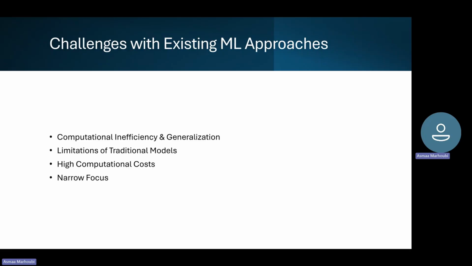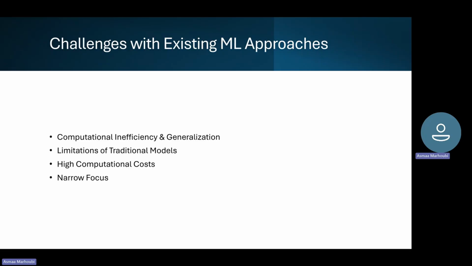Many of the PdM studies mentioned in the research paper exhibit these issues, especially for multi-class fault diagnosis. Another challenge is the limitation of traditional models. For instance, logistic regression struggles with non-linearities in sensor data.